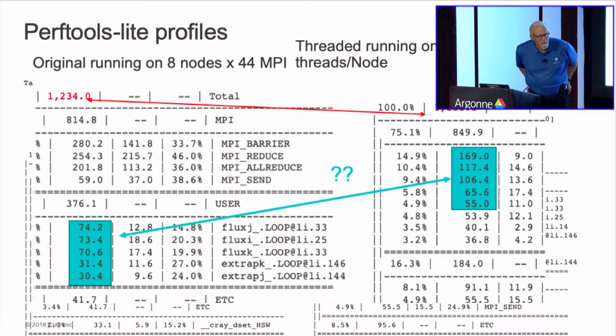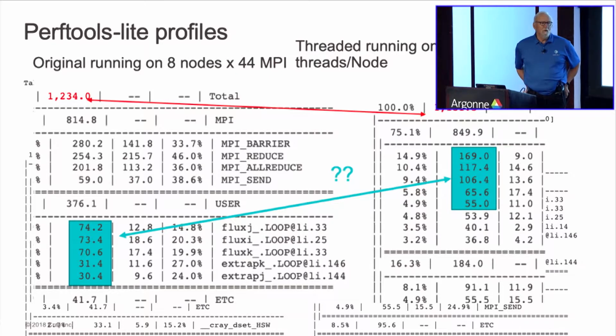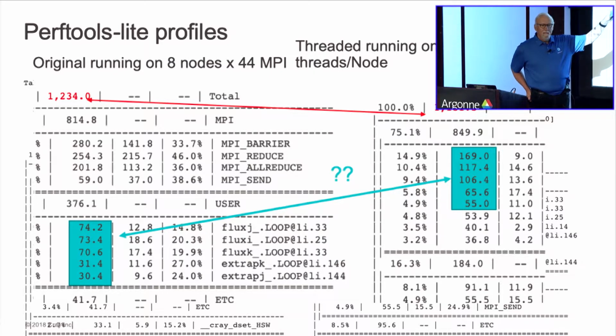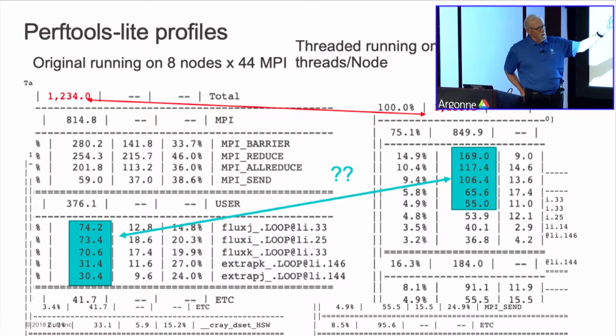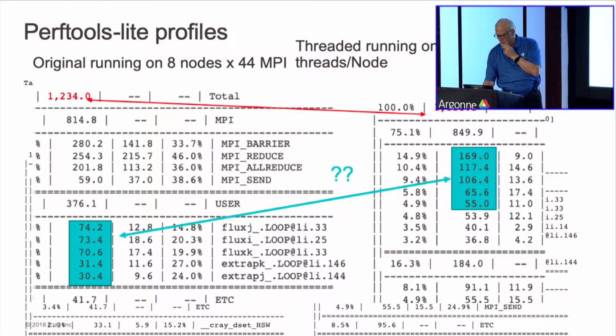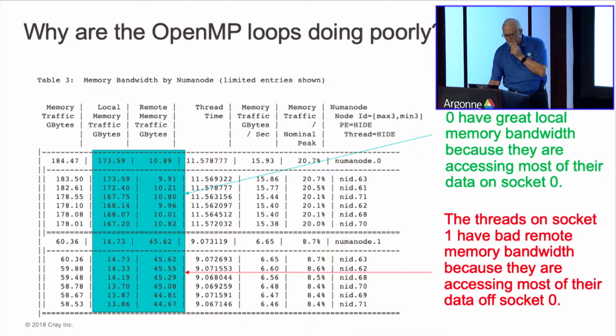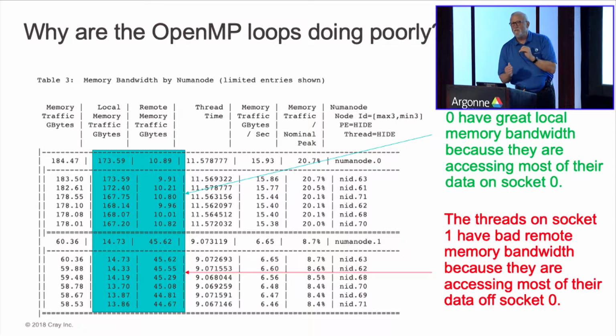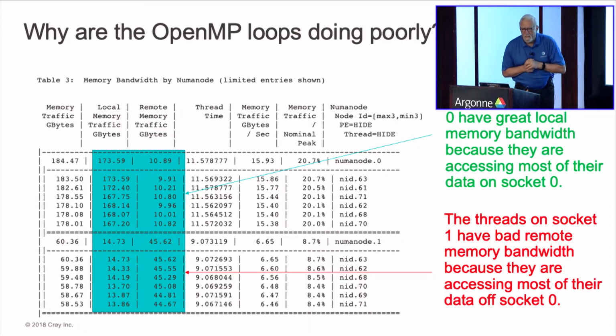Every machine in the future will be NUMA. Over there, we're running one MPI task with 44 threads across 2 sockets. Perftools-lite has a very nice display.